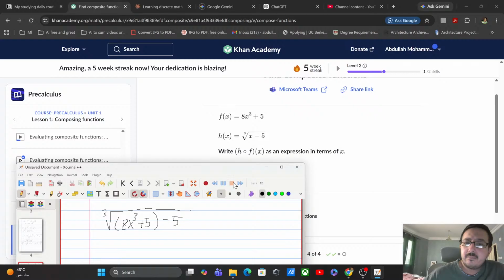All we can do is get rid of the 5. So it's going to be the square root of 8x to the power of 3. Again, it's a multiplication because minus 5 and plus 5.